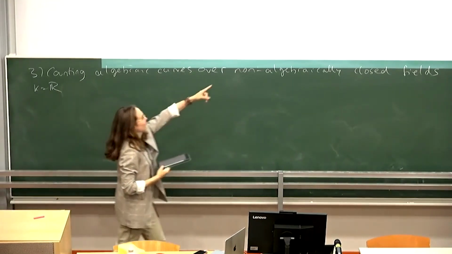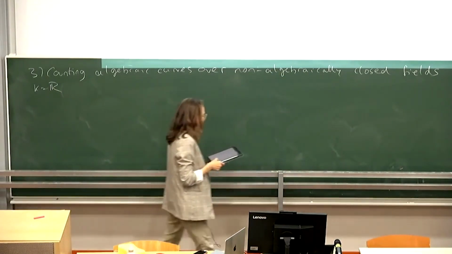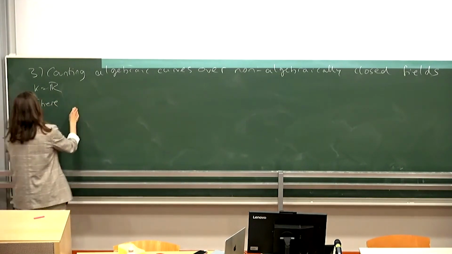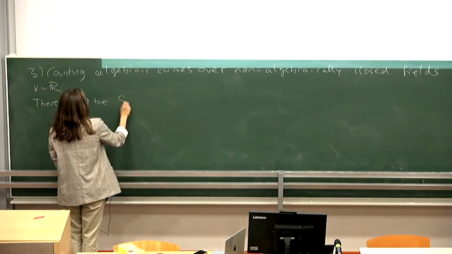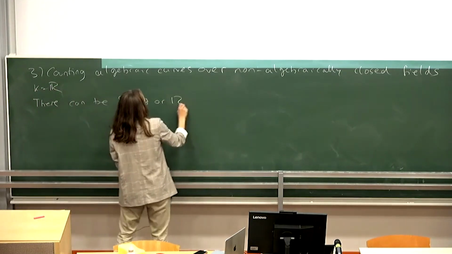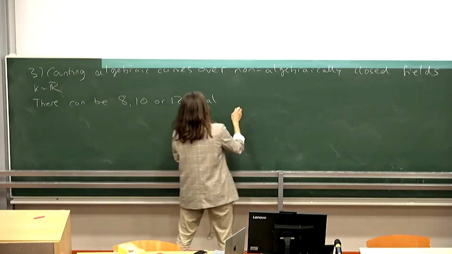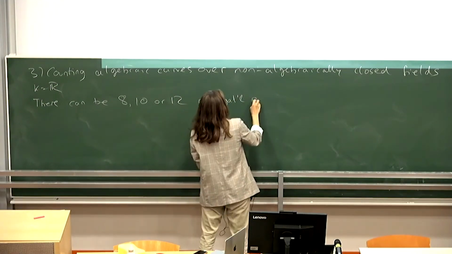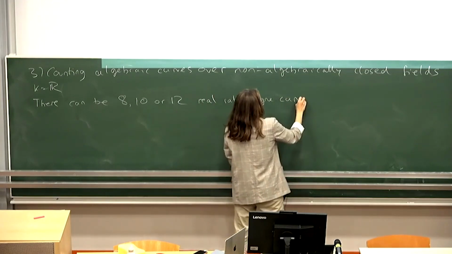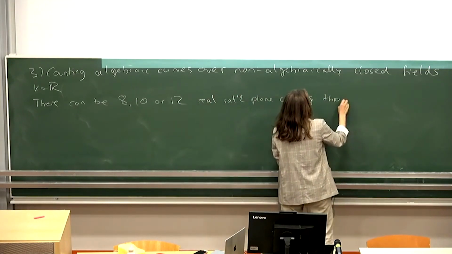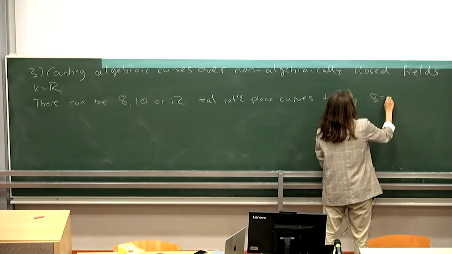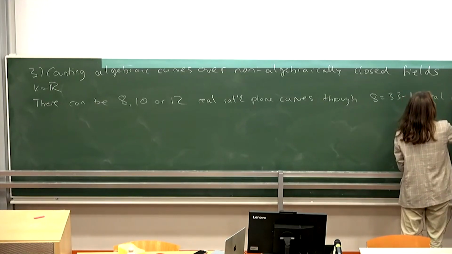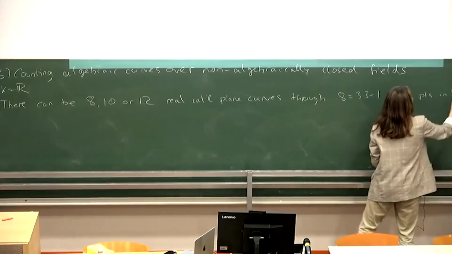We've seen that N_3 is 12, but I claim that there can be 8, 10, or 12 real rational plane curves through 8, which is 3 times 3 minus 1, real points in P2. Of course, all in general position.